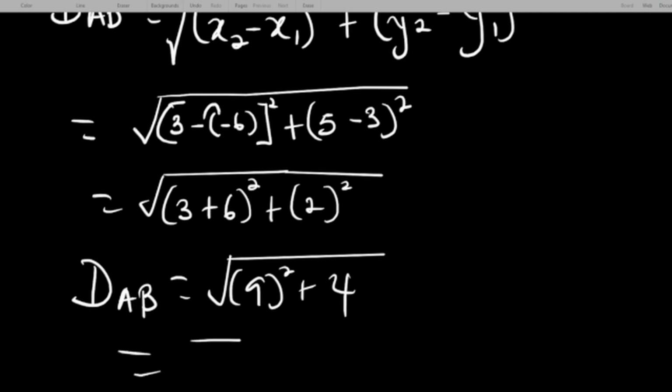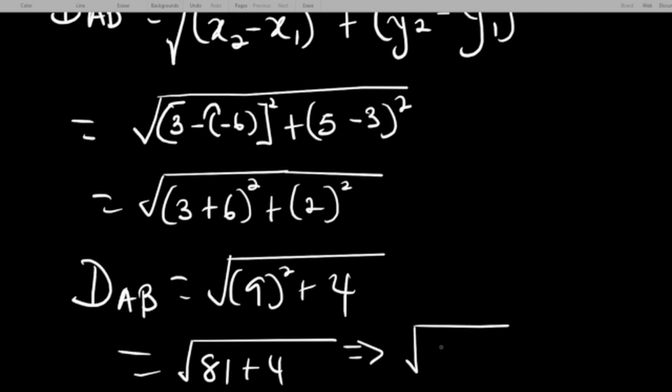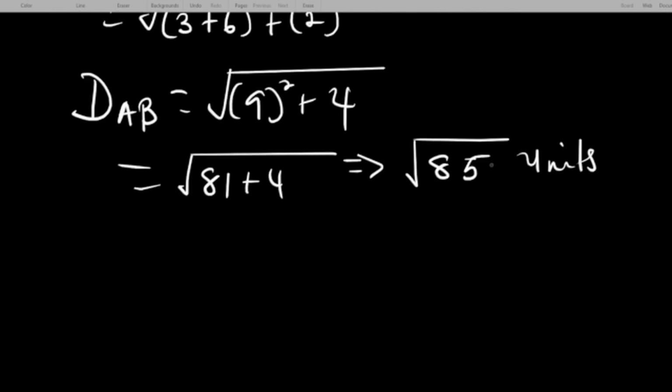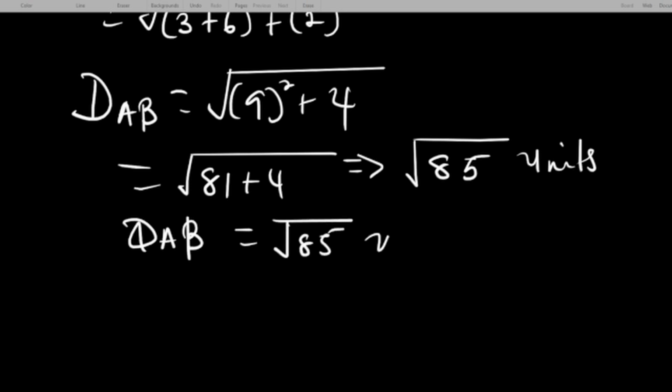Again, this is equal to 9 squared is 81, and then plus 4. So this leaves us with the square root of 81 plus 4, which is 85. So root 85 units. This means that the distance between A and B equals root 85 units.